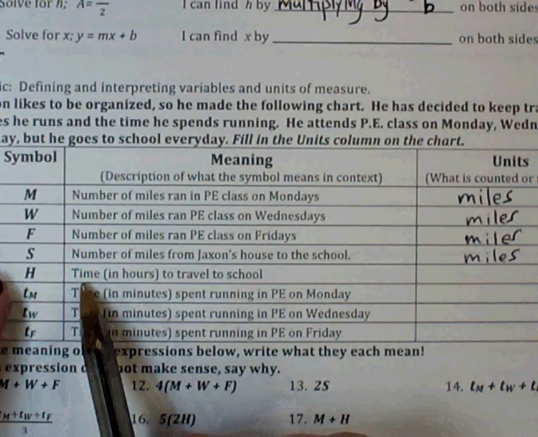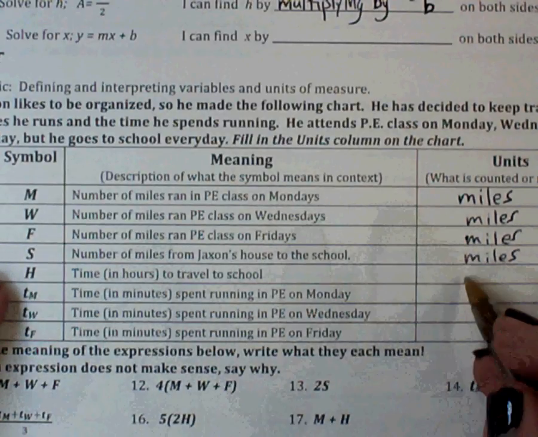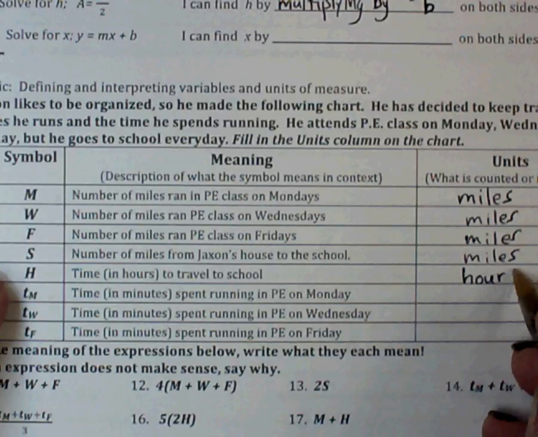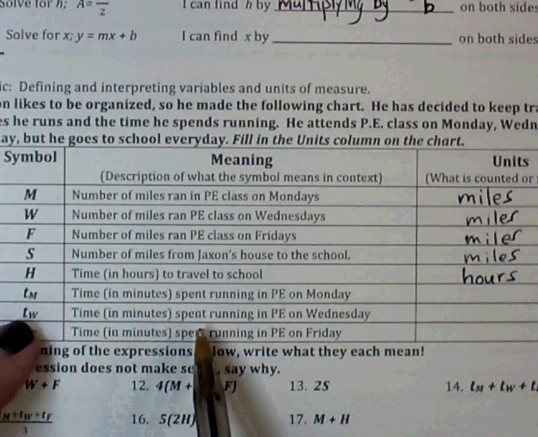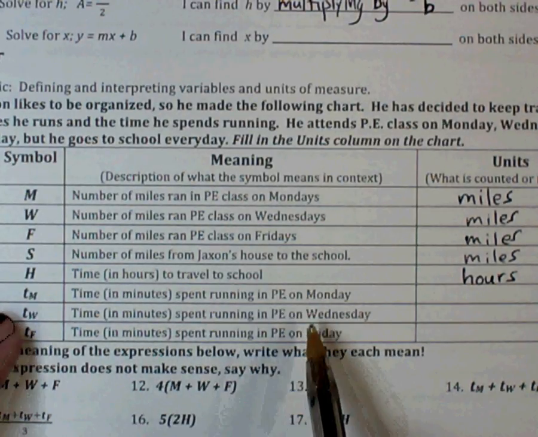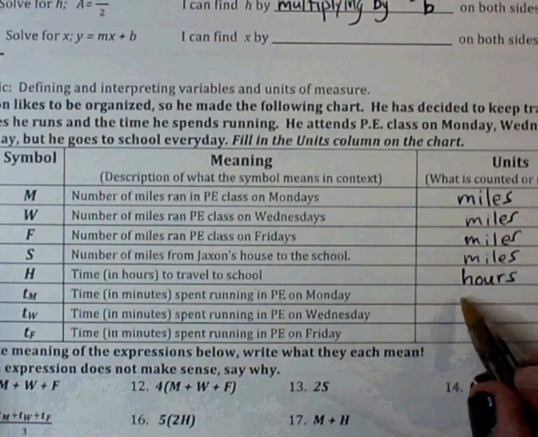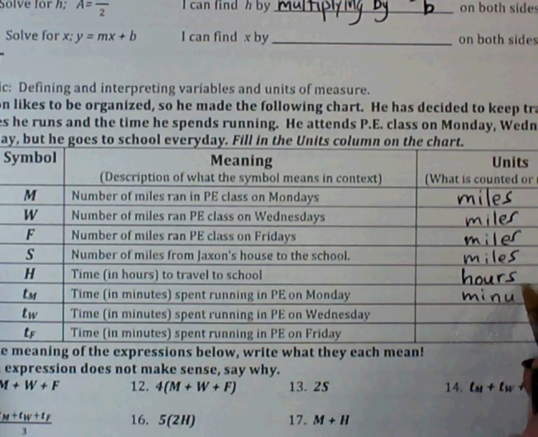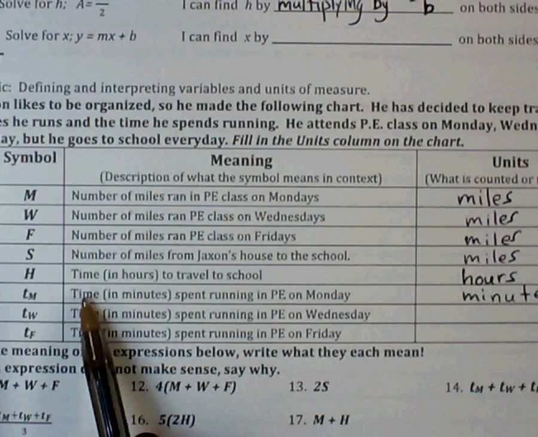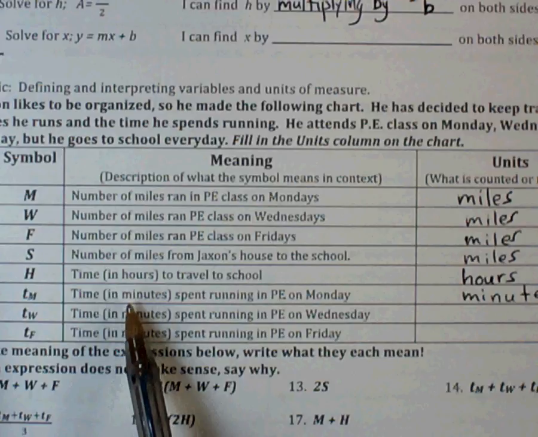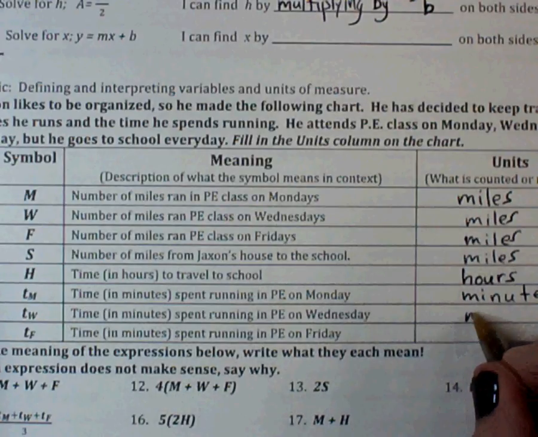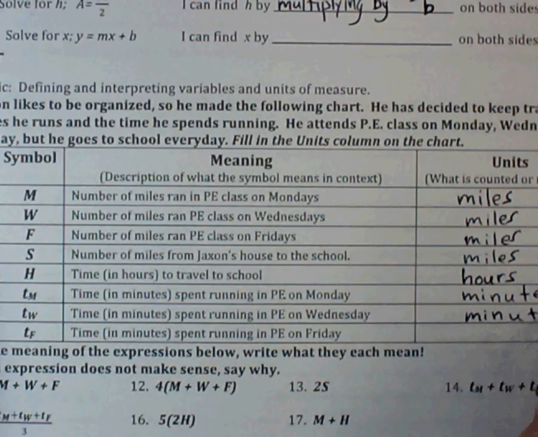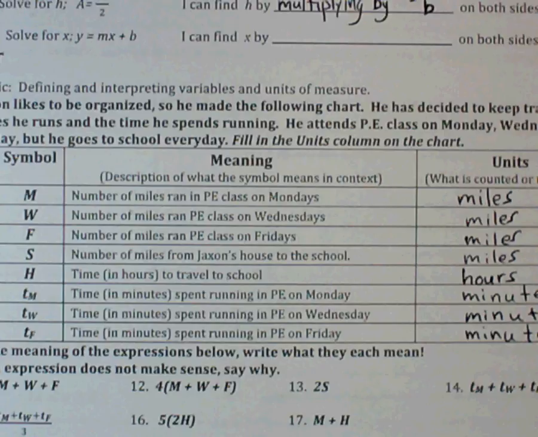Now we're doing some time in hours to travel to the school. Time in minutes spent running in PE on Monday and on Wednesday and on Friday. So that's all time in minutes. So we don't write that the units are time because that's not specifically what we're measuring in. Measuring in minutes. And if it didn't tell you, then you could say hours or minutes or even seconds, whatever would make sense in the thing.